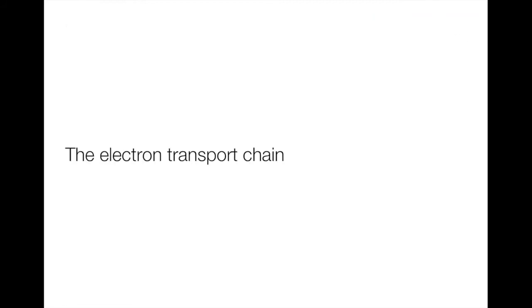The electron transport chain. In the final stage of aerobic respiration, oxidative phosphorylation, the energy for the phosphorylation of ADP to ATP comes from the activity of the electron transport chain.